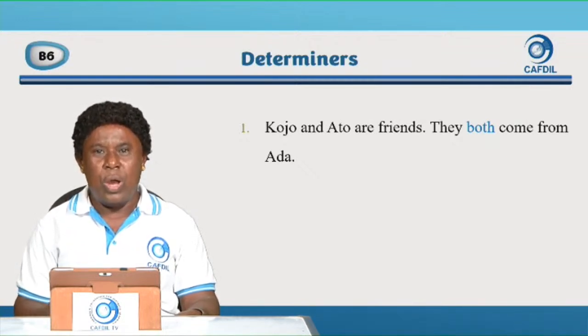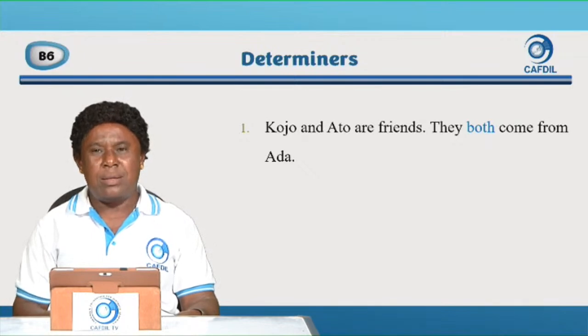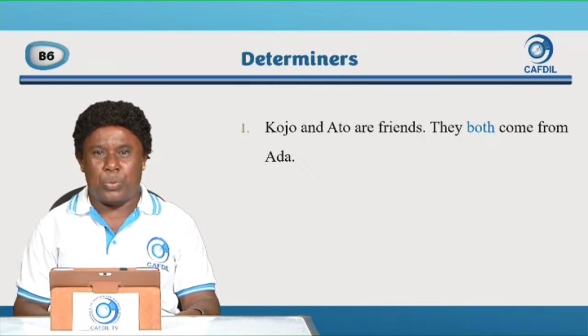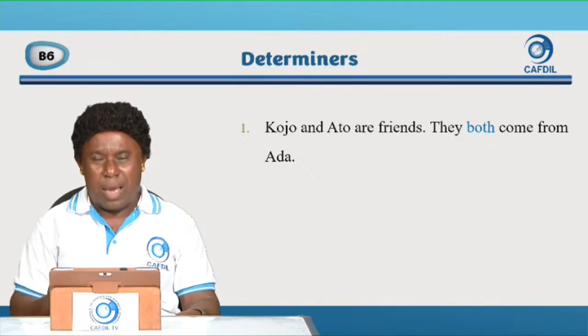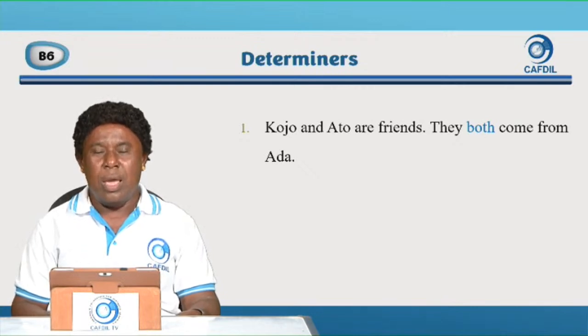Two, Kojo and Ato. Now let's continue the sentence. They both come from Ada. So here we are talking about two people, Kojo and Ato. Good. And we say they both come from Ada, two people.